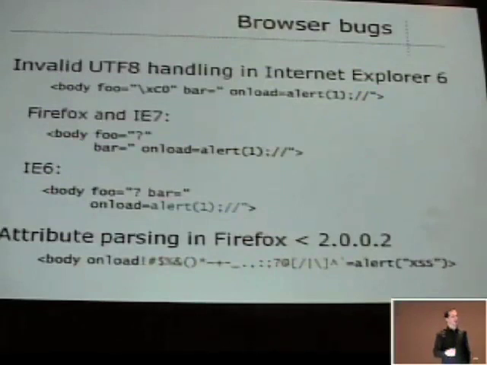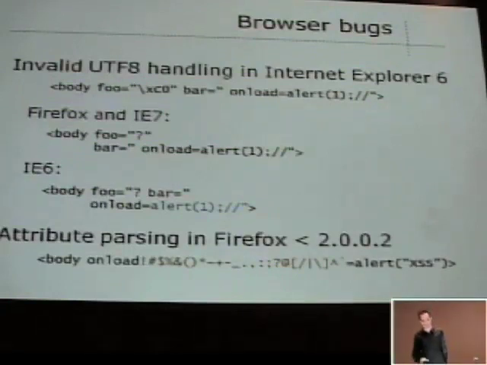So if you're writing an XSS filter, you need to decide how you're going to handle invalid UTF-8 sequences. Do you handle them like Firefox does, or do you handle them like IE6 does? Both ways have the potential of breaking the other browser.